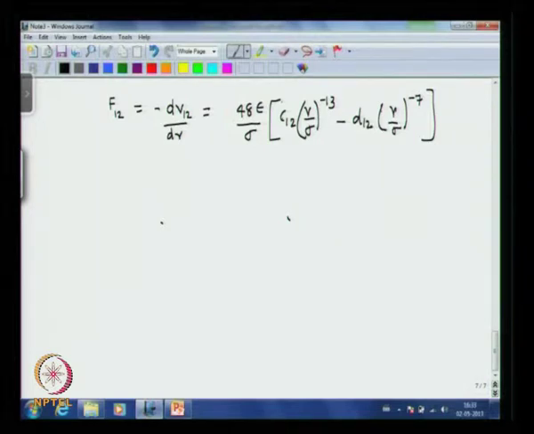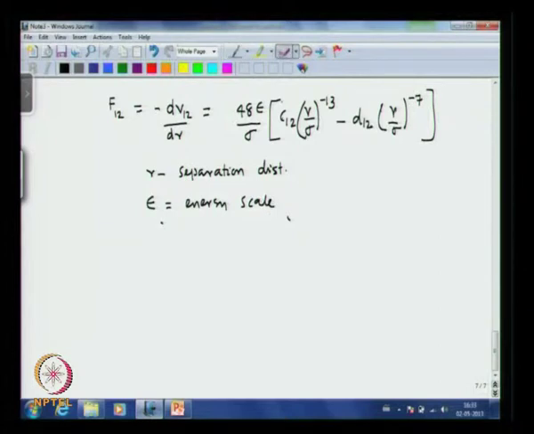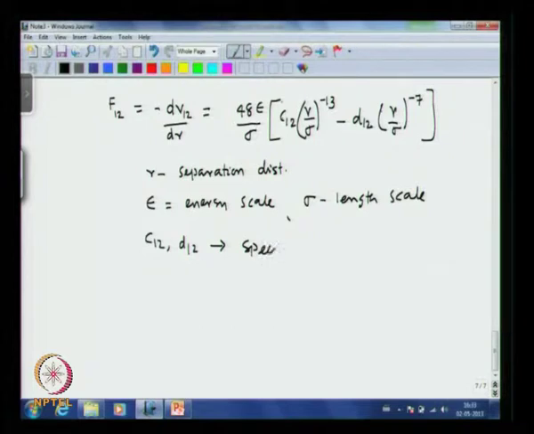So, here r is the separation distance between two molecules, epsilon is the energy scale and sigma is the length scale, and C12 and D12 are specific to the molecules. Okay.